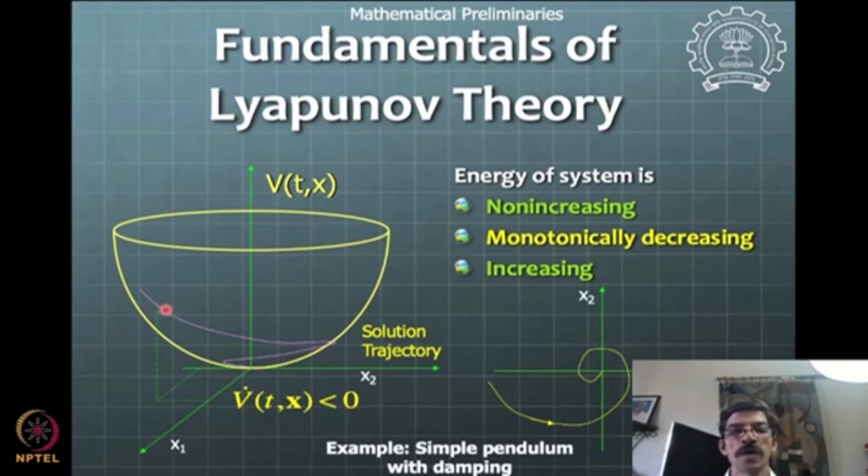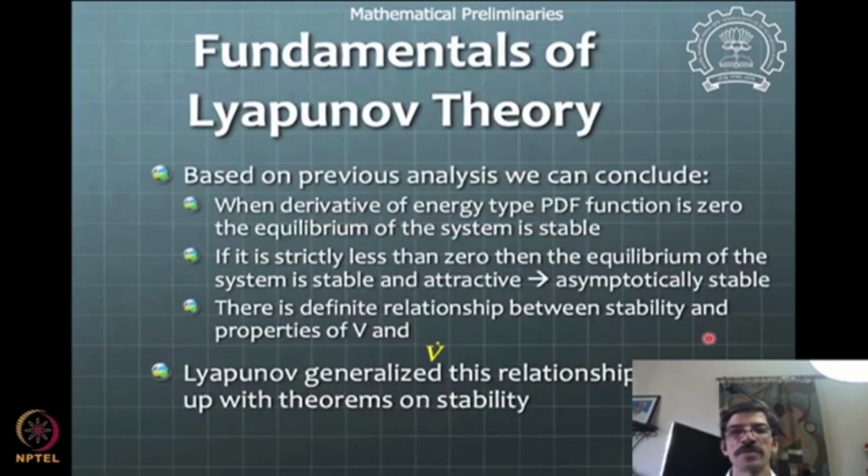If that is the case, that means in some way the trajectories are approaching the equilibrium position 0. And then if it is an increasing function, so this becomes the stable and attractive kind of equilibrium, and that's what gives you this asymptotic stability.